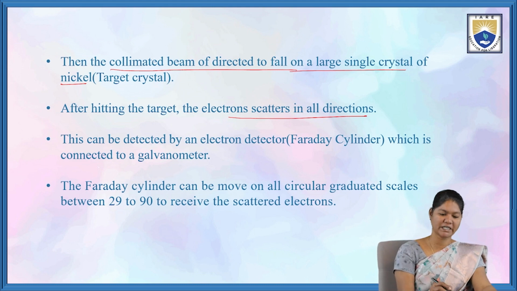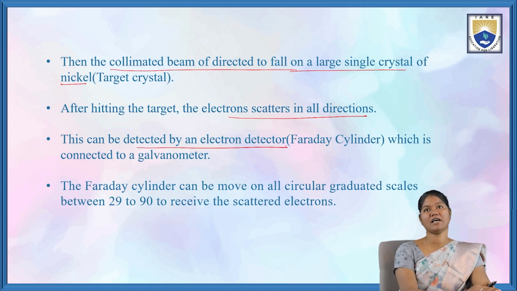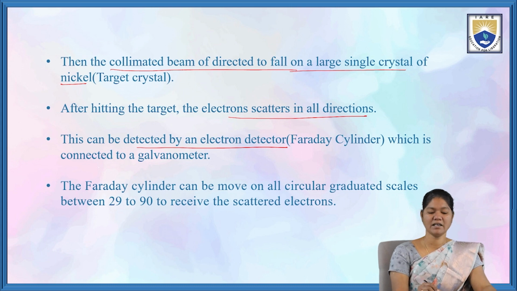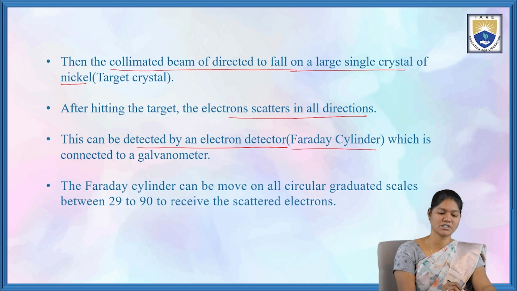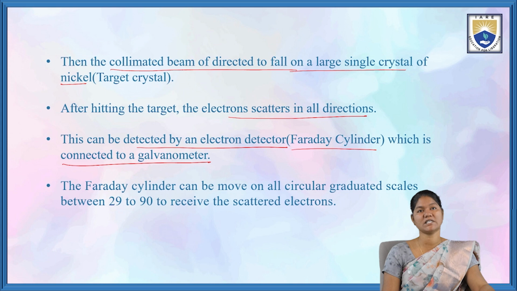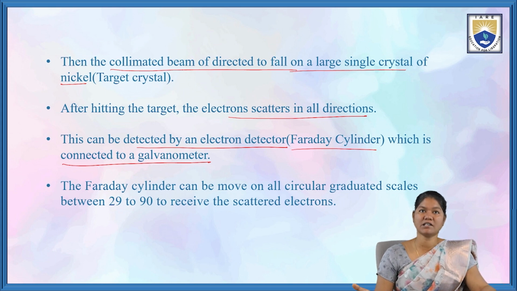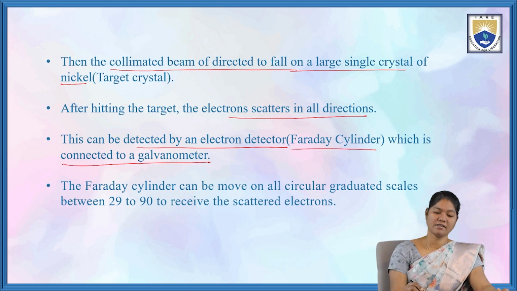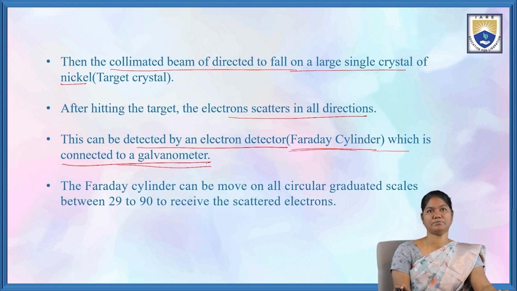The scattered electrons can be detected by an electron detector called a Faraday cylinder, which is connected to a galvanometer.